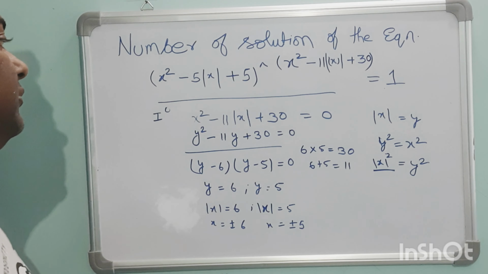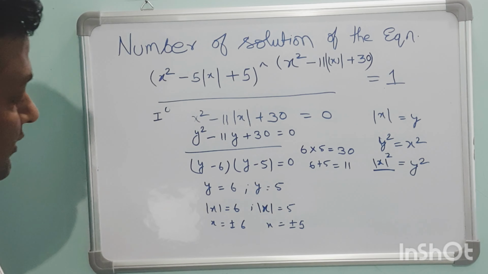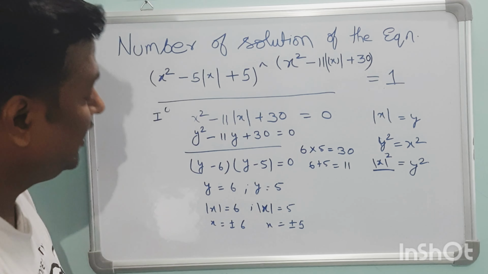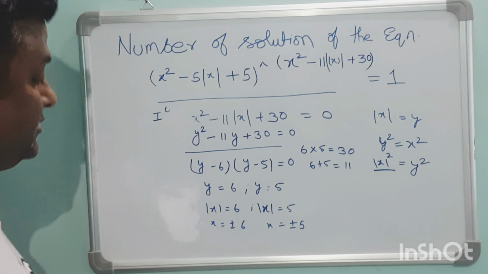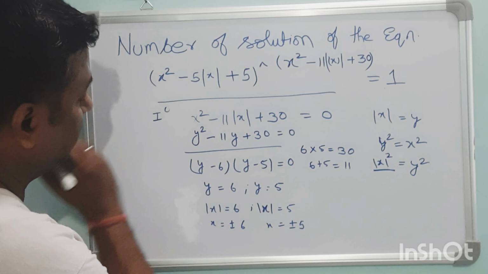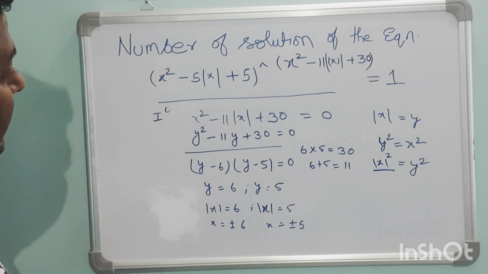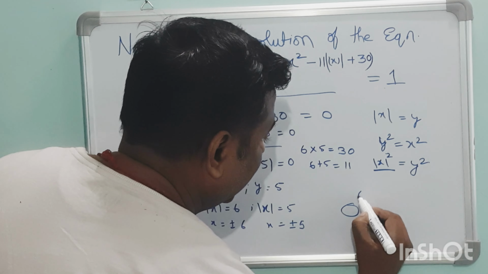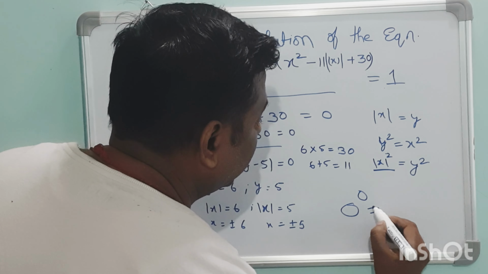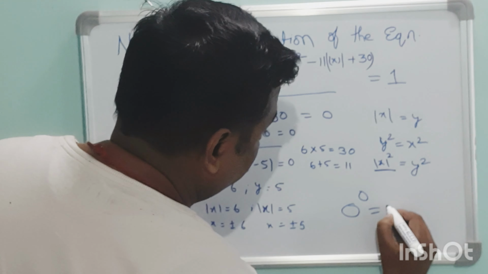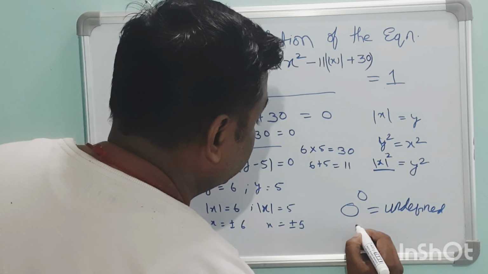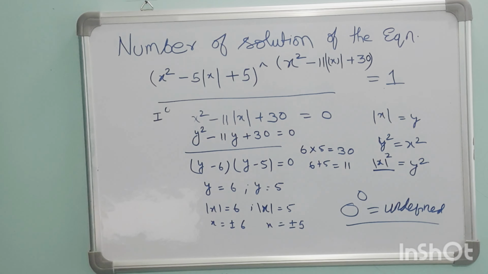So we got 4 solutions, but these 4 values I have to put in the second equation, that is, in the base. Why do I have to do that? Because 0 raised to power 0 is not defined, it is undefined. So while we find the solution, we have to check this part also.